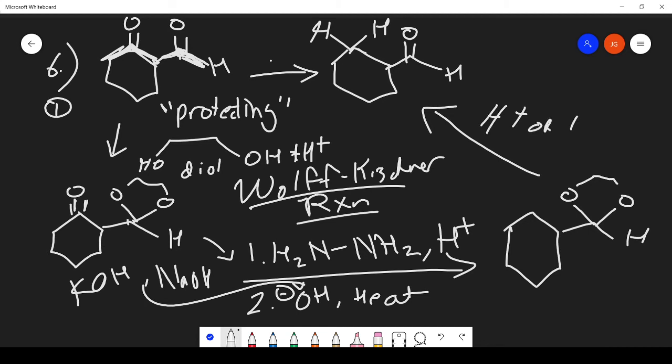Or if you want to be fancy, H3O plus. So 3 steps. First is adding the protecting group. Second is actually the 2-step Wolff-Kishner reaction. And the third is the undoing of the protecting, unprotecting, if you will.